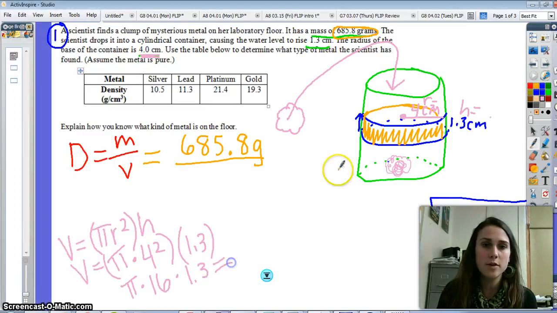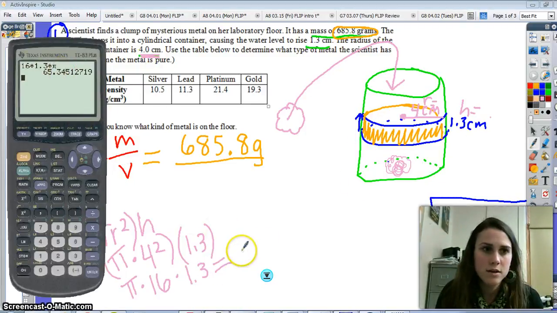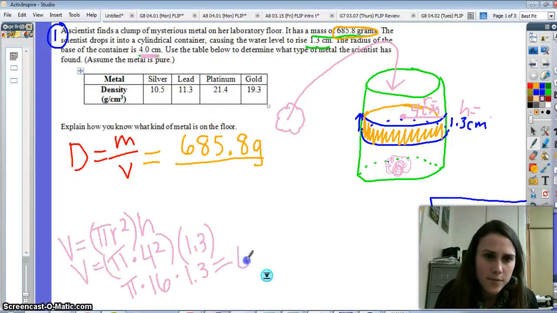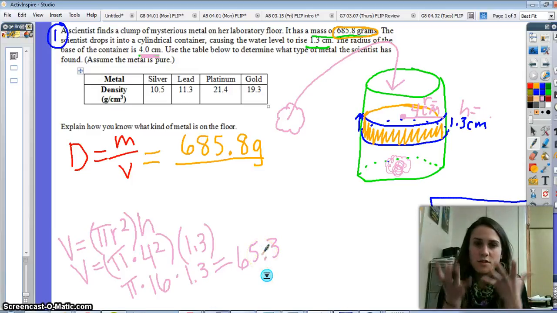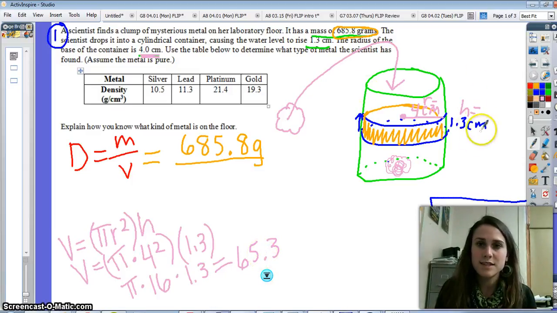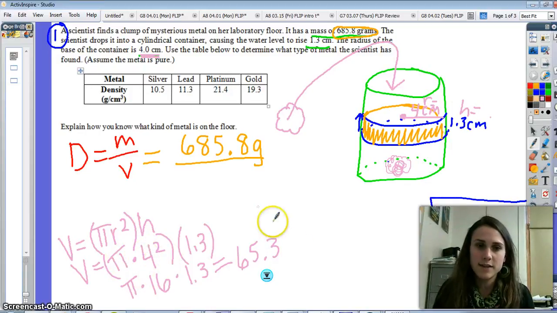What do I get as my volume? And we're talking about the volume of this cylindrical disc, or the displaced water. 65.3, what's my unit? Volume, 3 dimensions. I'm working with centimeters. Centimeters squared would give me the area of the base, times another centimeters for the height. That's going to give me centimeters cubed.